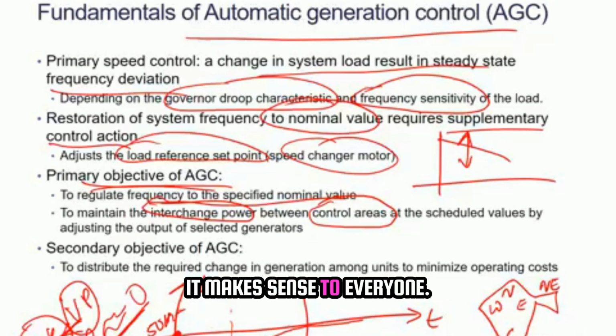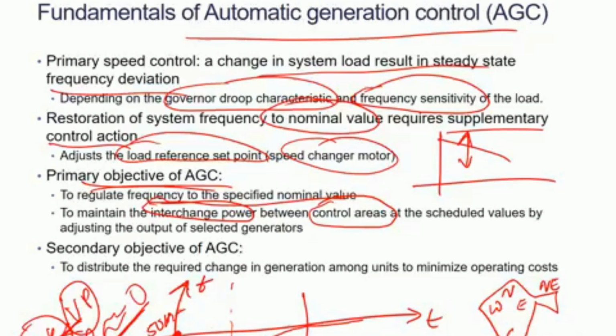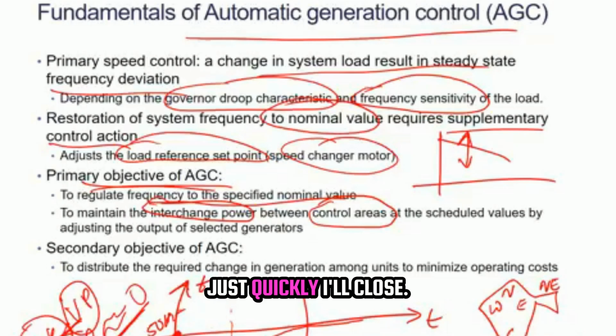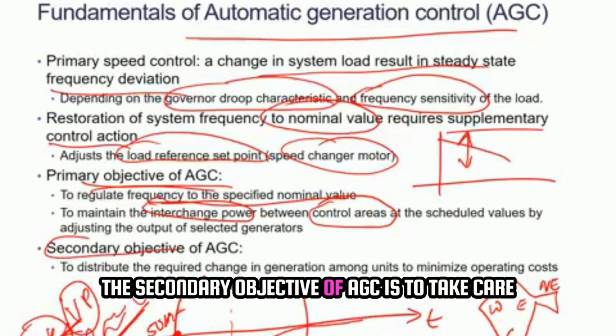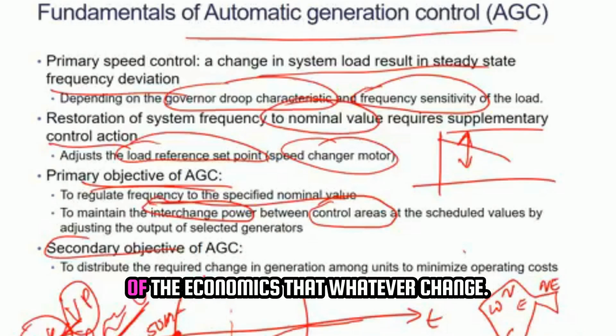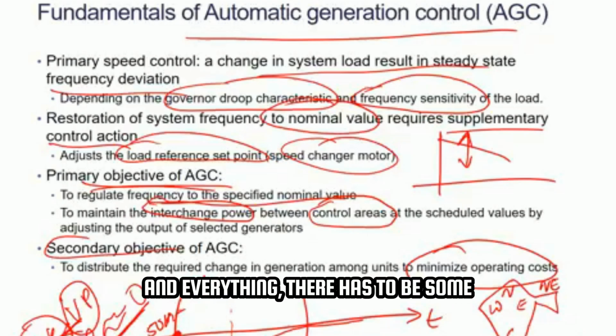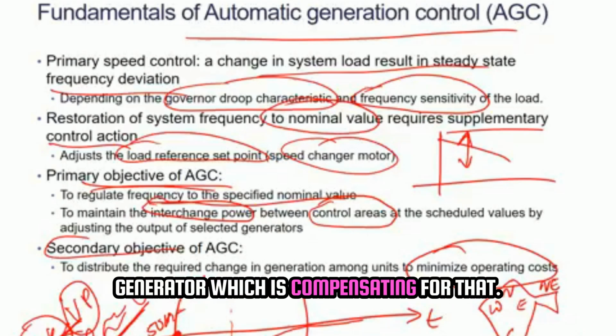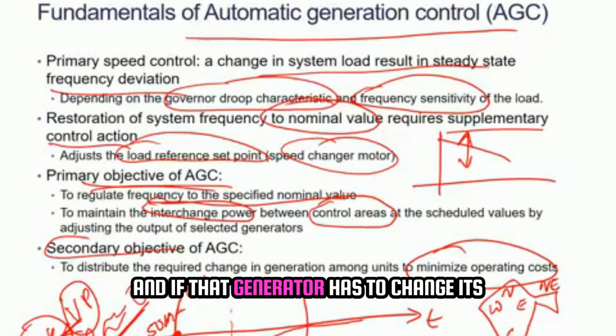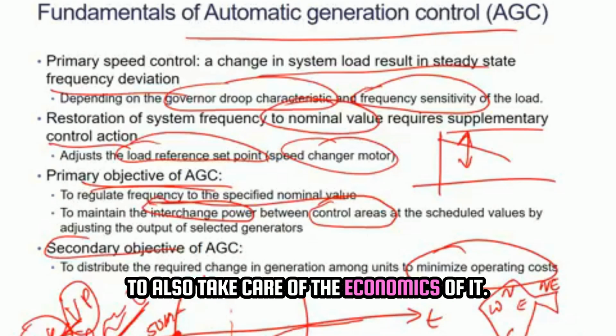Right? It makes sense to everyone? Now the last one, just quickly I'll close. The secondary objective of AGC is to take care of the economics. To satisfy the load change, there has to be some generator which is compensating for that, and if that generator has to change its generation value, then we also have to take care of the economics of it.